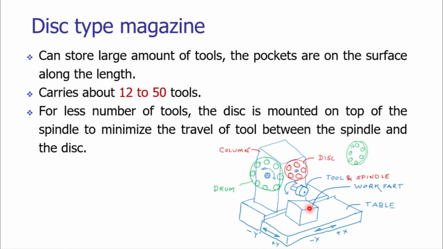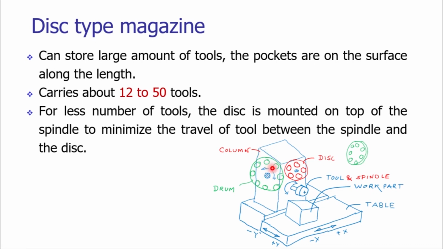In case the number of tools to be used is huge, then we cannot accommodate the drum or the disc just above the spindle, so we have to use the other side of the column. On the adjacent side of the column, we can mount the drum.